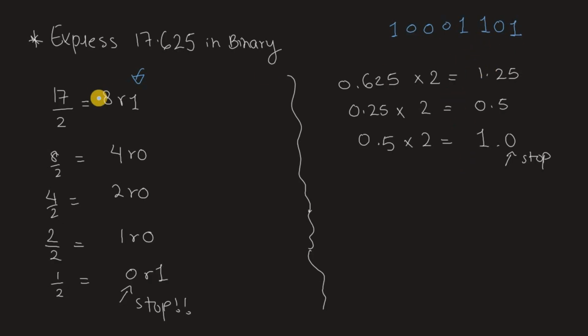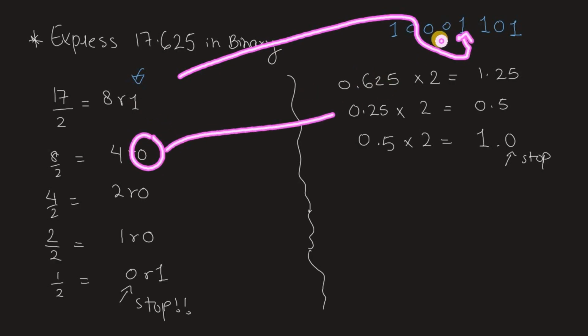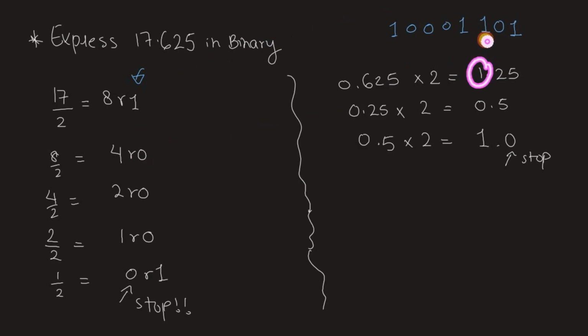And remember, we're not writing like we wrote over here, where we took this number and put it over here, and then took this number and put it over here. Here it's different. You take this number and put it over here, then this number over here, and then this number over there. You're not putting this number at the end.